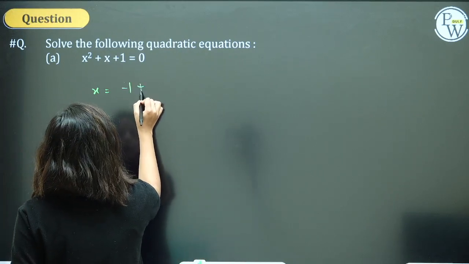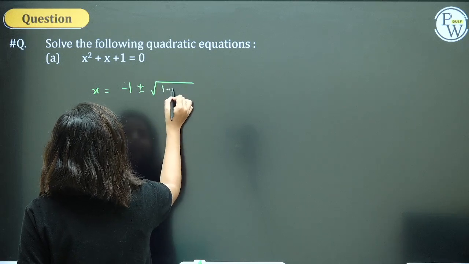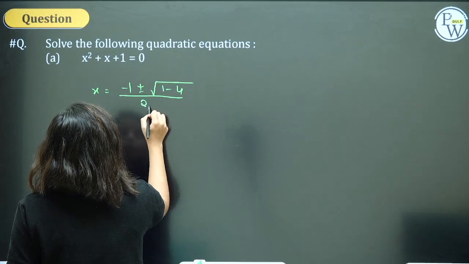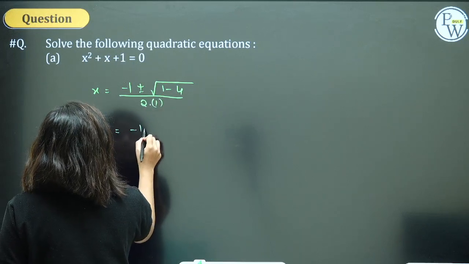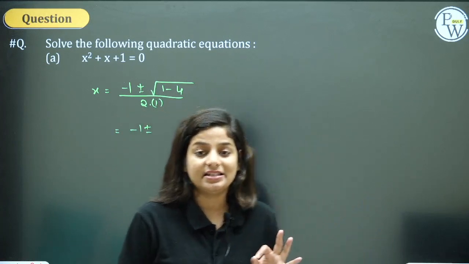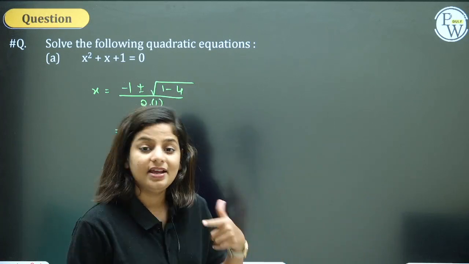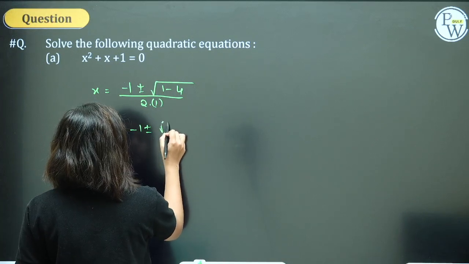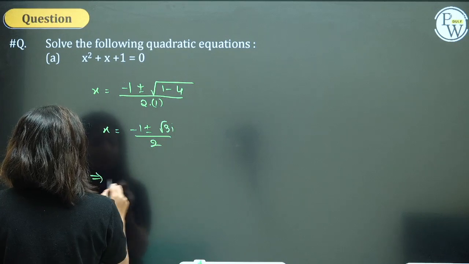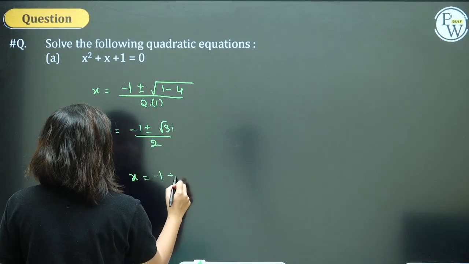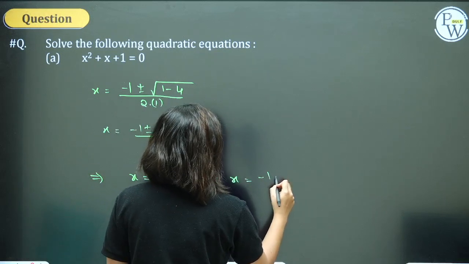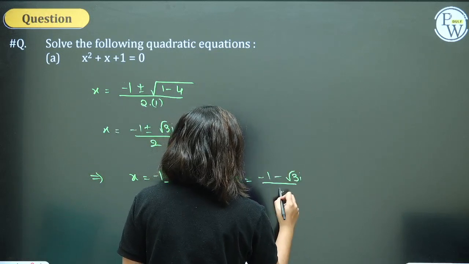Minus b plus or minus root of b square minus 4ac upon 2a, which is minus 1 plus or minus, in the discriminant you can see there is minus 3, and root of minus 3, studied in complex numbers, is root 3i, upon 2. This is the value of x, which can be written as x is minus 1 plus root 3i by 2, or x is minus 1 minus root 3i by 2.